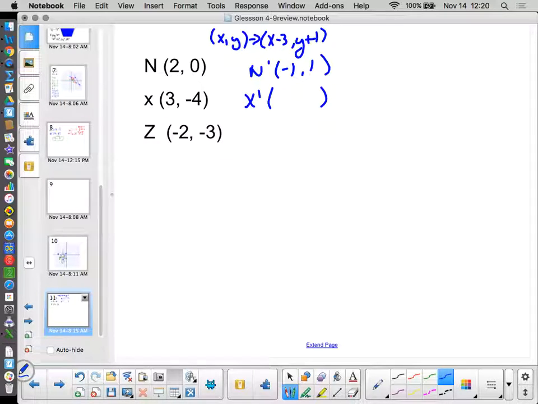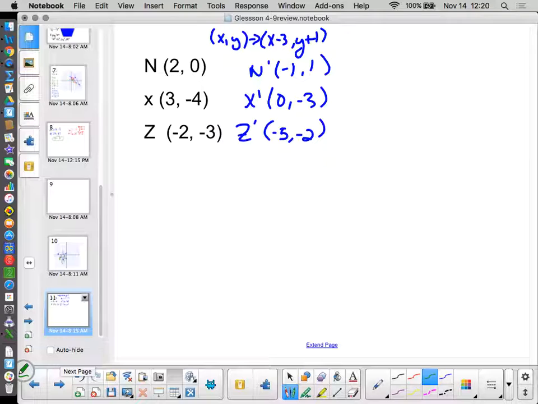X primed would be where? Using this rule. 0, -3. And Z primed is -5, -2. Okay? Next it says rotation 90 degrees. Rotation 90 degrees, if it doesn't give us a direction, we assume counterclockwise.